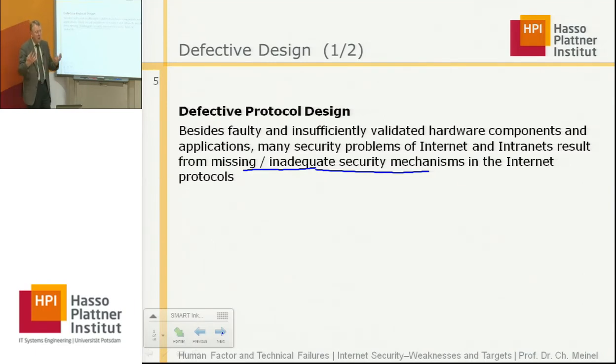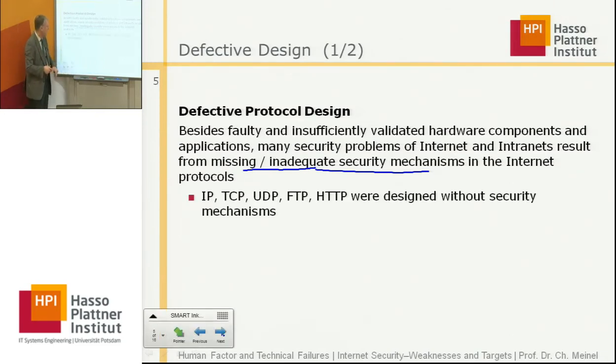So even if people are willing to behave in a secure way, this defective protocol design does not provide for it. If you look, for example, at the IP protocol, the TCP protocol, the UDP protocol, FTP, and HTTP, they are all designed without strong or without any security mechanisms.